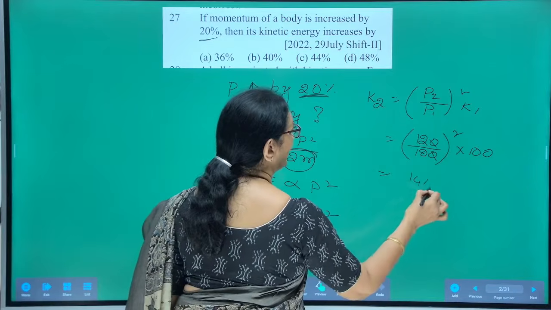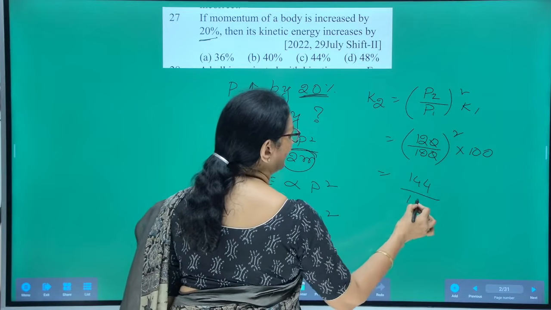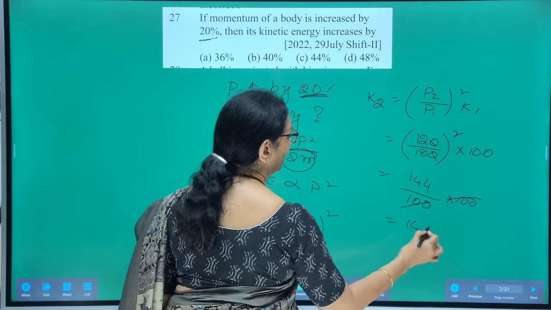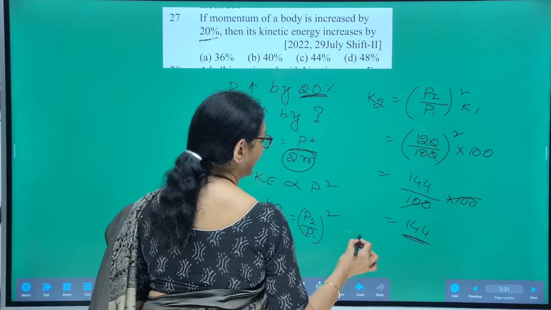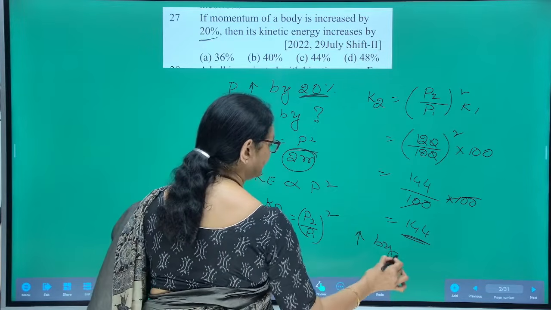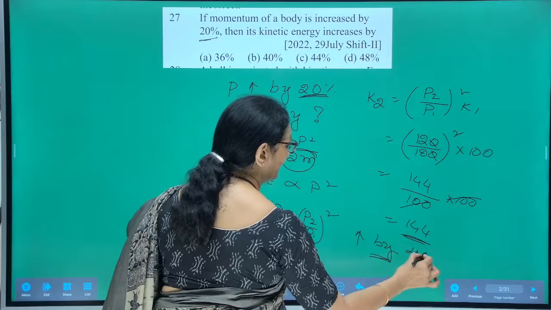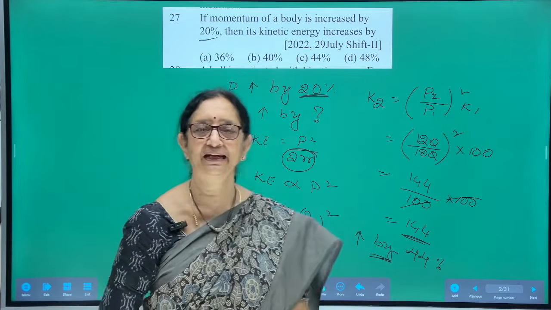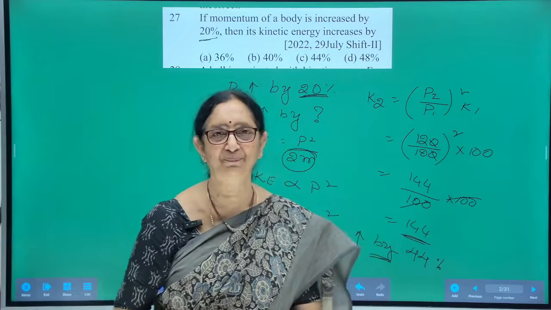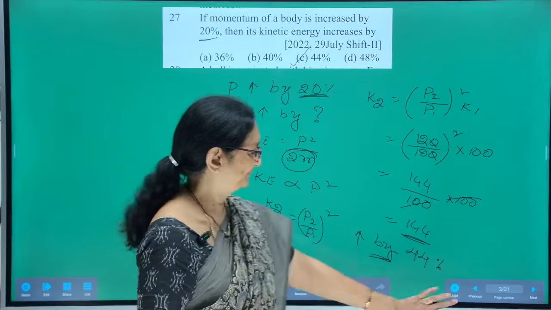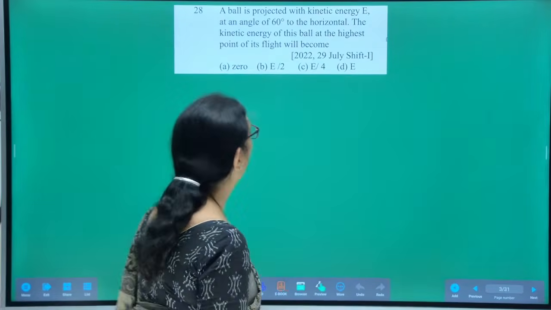So this is 12 square by 10 square into 100, which is 144. So KE increases by 44%. Which is the right option? Option C.